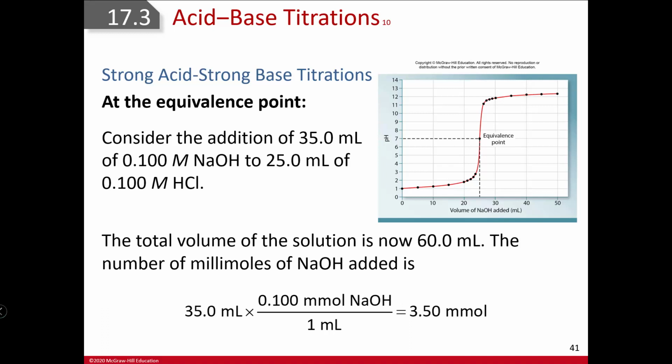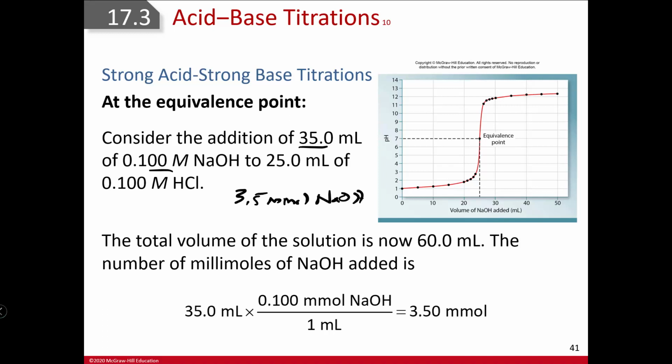So the next thing is, what happens when we add more sodium hydroxide? Here you can see when you take this times this, that's going to give you 3.5 millimoles of sodium hydroxide.